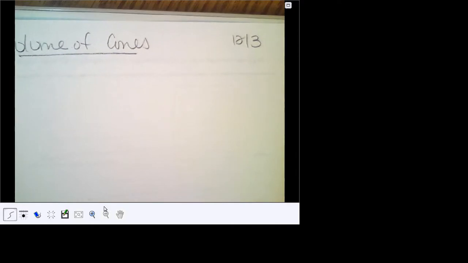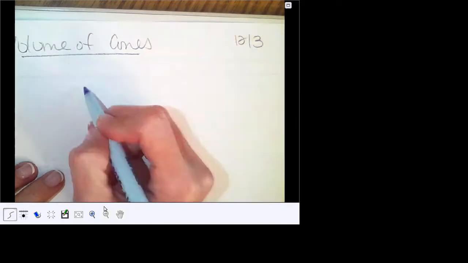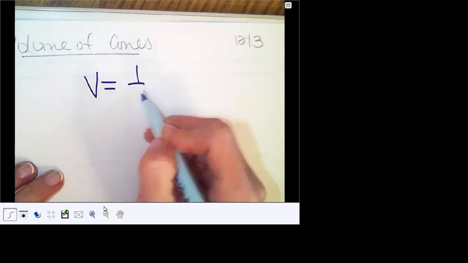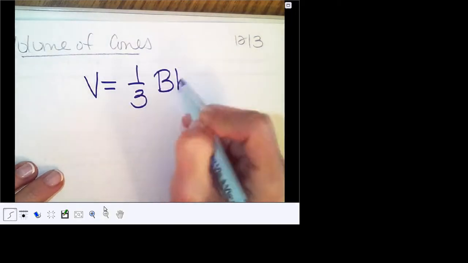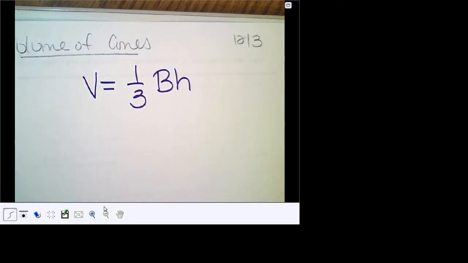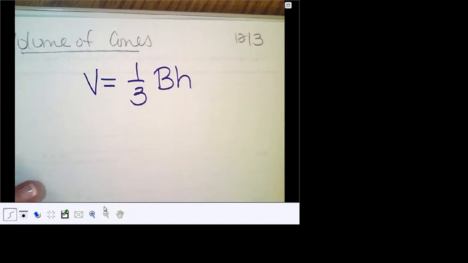Hopefully you know that a cone is obviously smaller than a cylinder. And specifically, the formula is 1/3 area of the base times the height. So that's our volume for our cone. We're going to talk more about how that formula is derived tomorrow in class, but that's the formula we're going to use, and the process is basically the same.